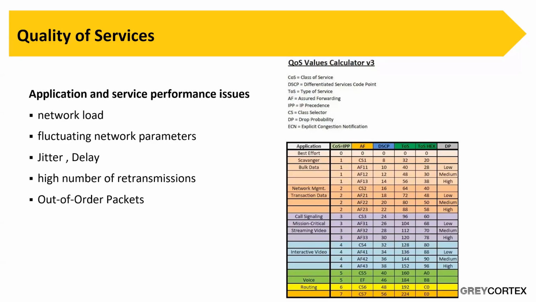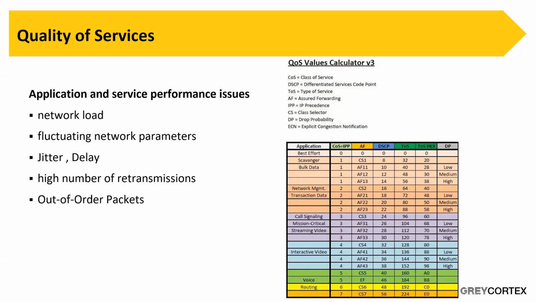So there are quality of service parameters defined, and at the moment everybody is talking about DSCP, differentiated services code point. If you look at the table below, you can see that there are several names depending on the type of protocol and the packets which are used, but with the same meaning.